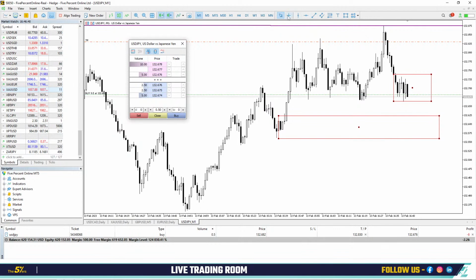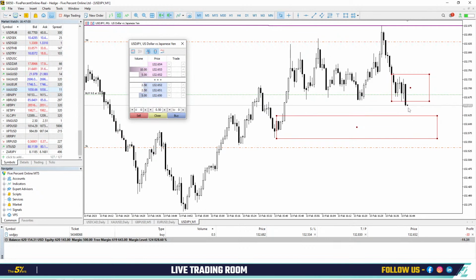Now for this specific setup, I think I need to get out of everything down there. So if I build another position down here and that fails as well, then I just stop out of everything down here. Okay, so that's the break, that's the attempt to break. That's the close. Let's see if there's continuation.